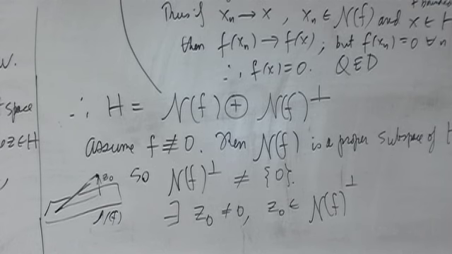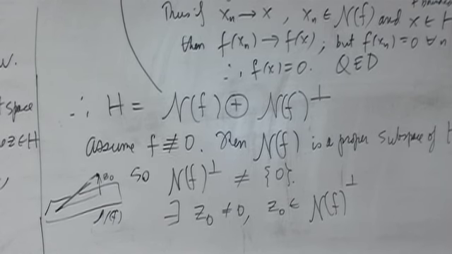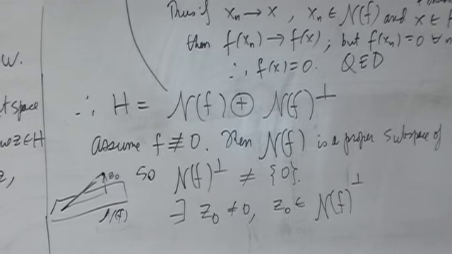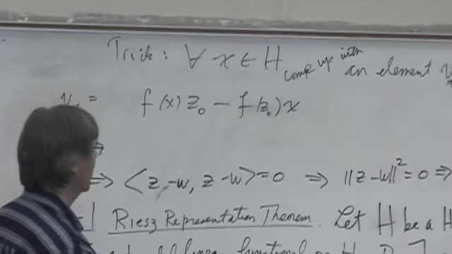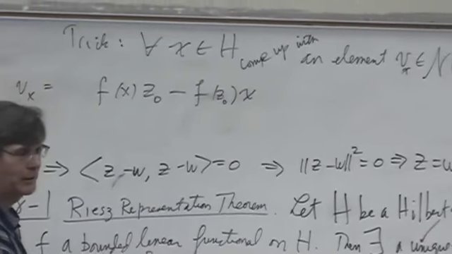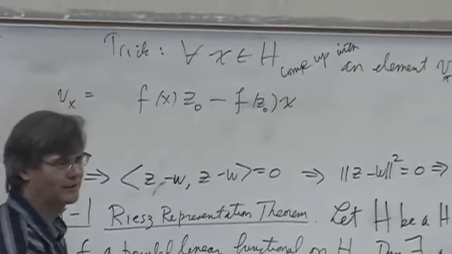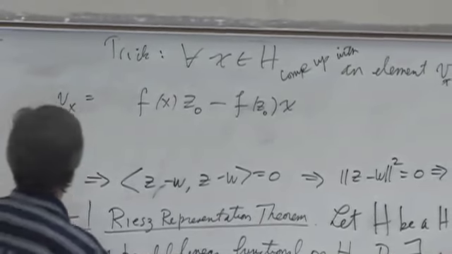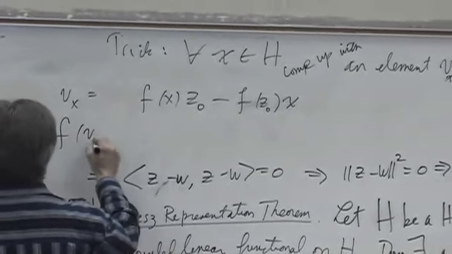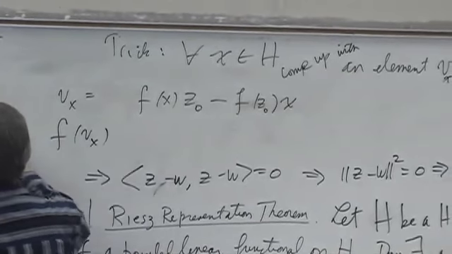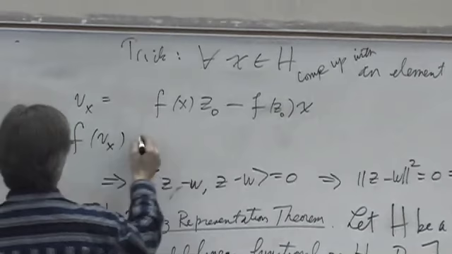The trick is that f of x is just a complex number. That will always get mapped to 0, because when I apply f, being linear, I get f of x, f of z naught, minus f of z naught, f of x. Apply f to v sub x, check.